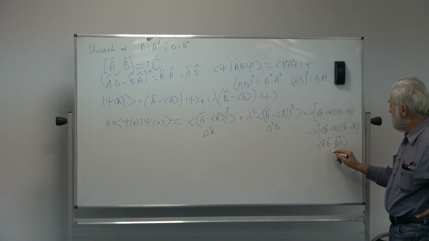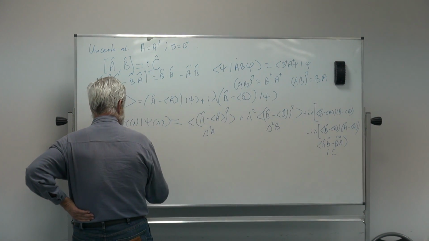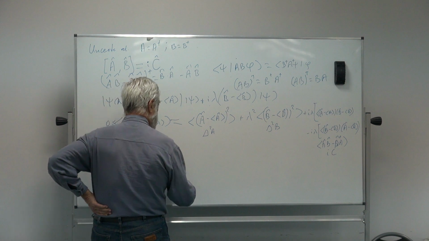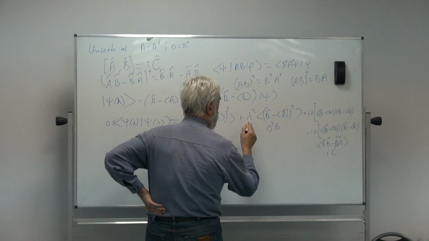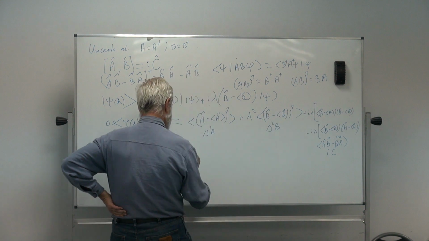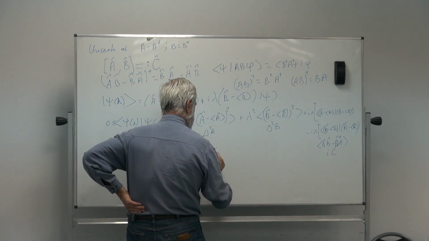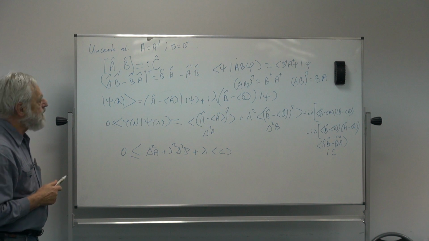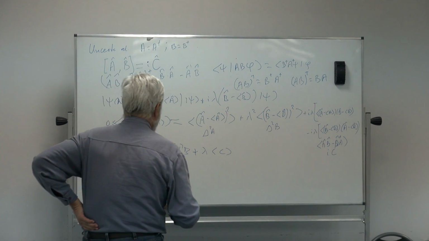So since this is a commutator, equal to iC, we've got finally that 0 is smaller than, not larger than, the variance of A plus lambda squared times the variance of B, plus lambda times the mean value of C. And now standard reasoning: we've got a quadratic polynomial in lambda.